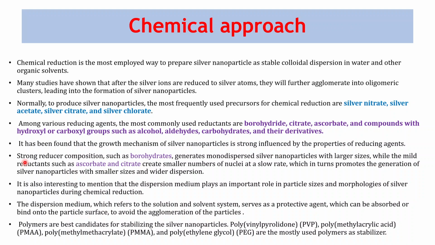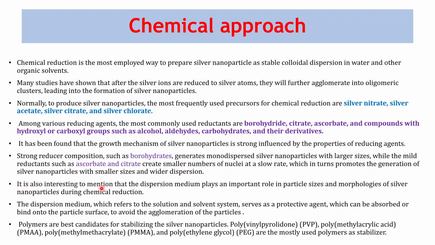A stronger reducer, such as borohydride, generates monodisperse silver nanoparticles with a larger size, while mild reagents such as ascorbate and citrate create a smaller number of nuclei at slow rates, which in turn promotes the generation of silver nanoparticles with smaller size and wider dispersion. The advantage of borohydride is that it is monodisperse, and the disadvantage of ascorbate and citrate is wider dispersion.